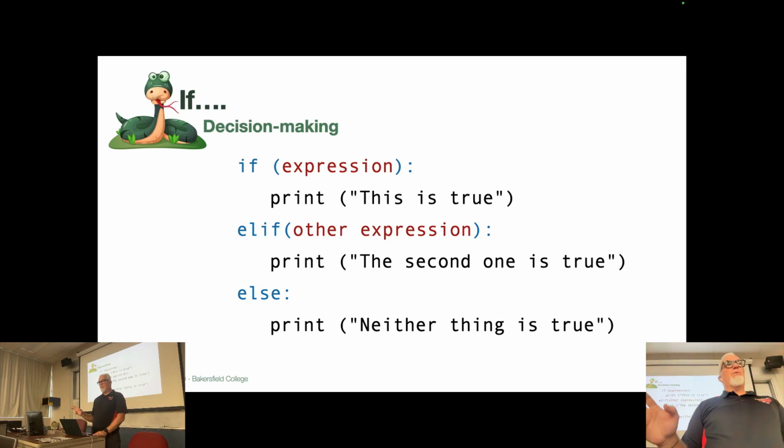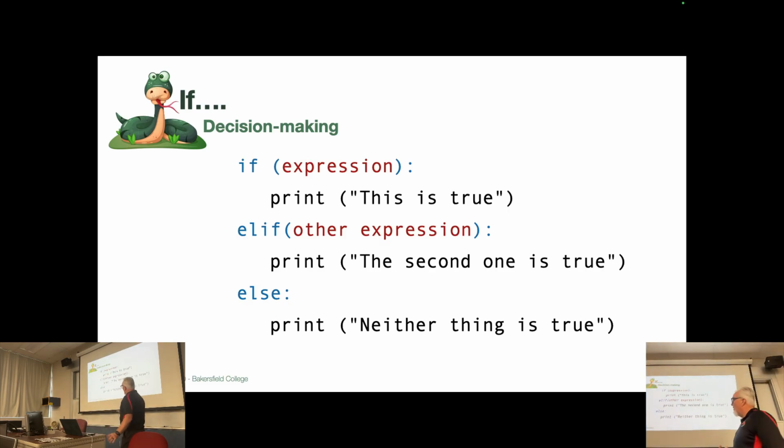Now, there's some rules about this. If you want to use an if statement in your code, you obviously must always have one if. You may have only one if per branch. You may or may not have an else. So if you just have an if with no else, it'll either do the thing or it'll do nothing.